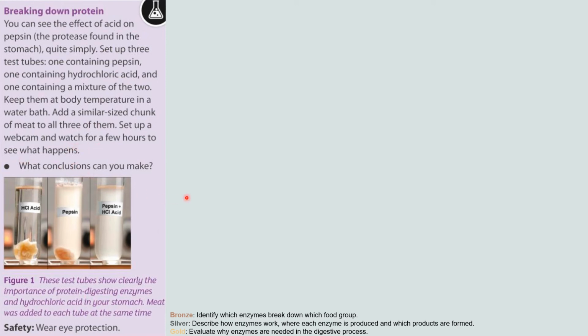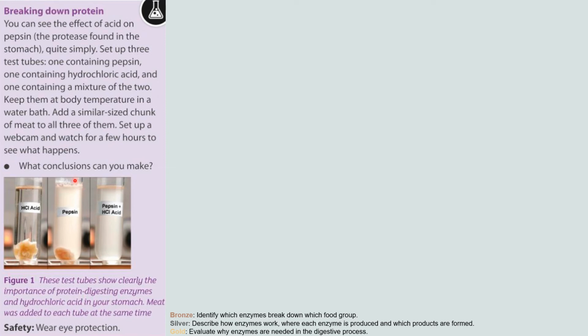So the conclusions you can make from this: you've got hydrochloric acid here, so that is only hydrochloric acid, there is no enzyme in there, and pepsin, and then you've got pepsin and hydrochloric acid at 37 degrees Celsius. So we can see that the hydrochloric acid on its own, without pepsin, does nothing because the meat is still in there.